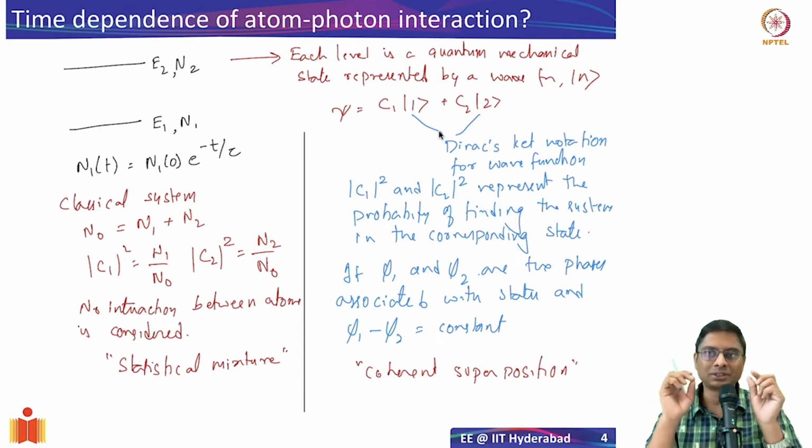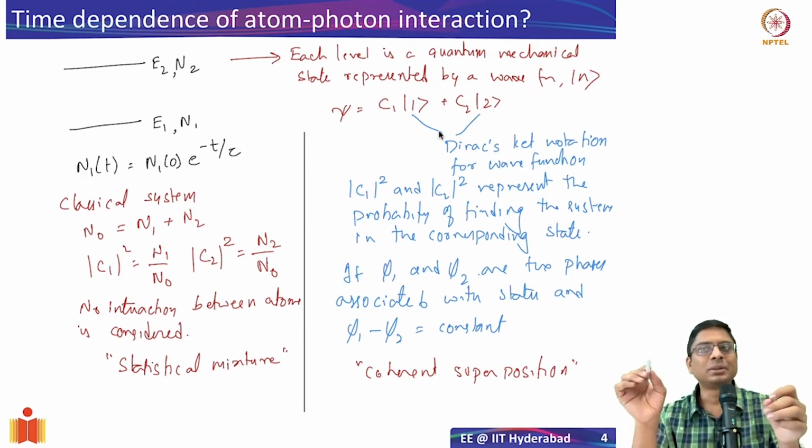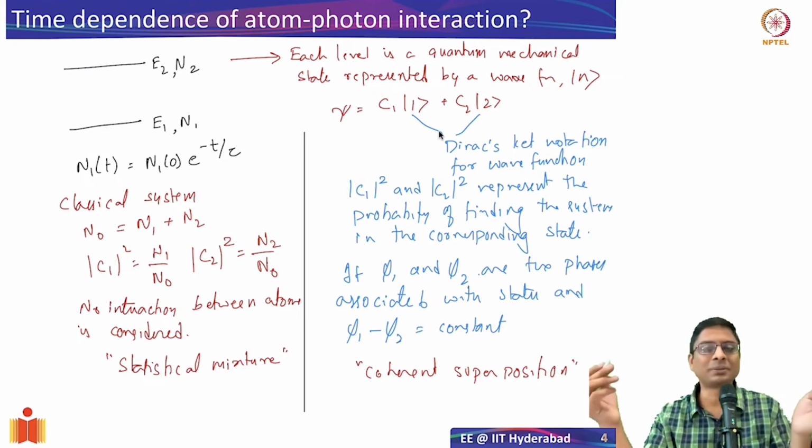Because these secondary beams are derived from the same source, they will interfere and form interference fringes. That means there is a fixed phase relation between the beams. At any particular position on the screen, depending on whether the waves add constructively or destructively, you have these fringes that form. That's the classical optics picture.